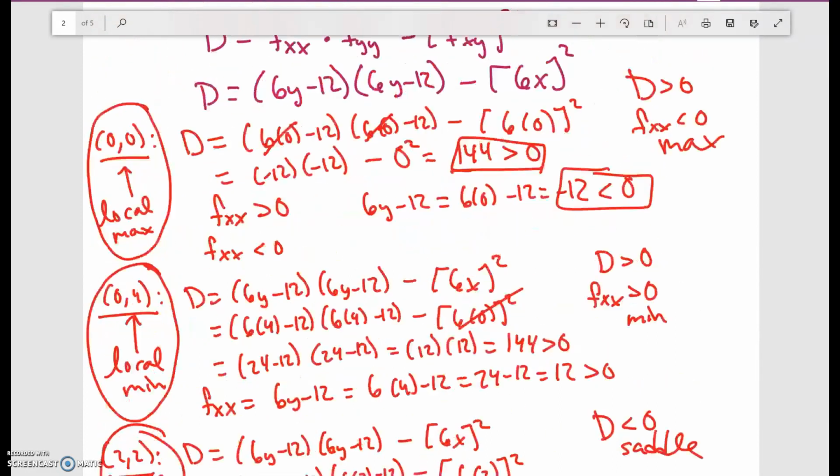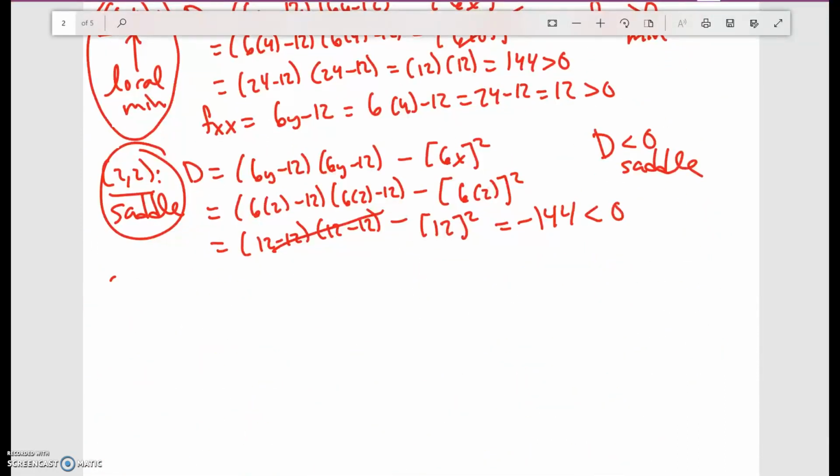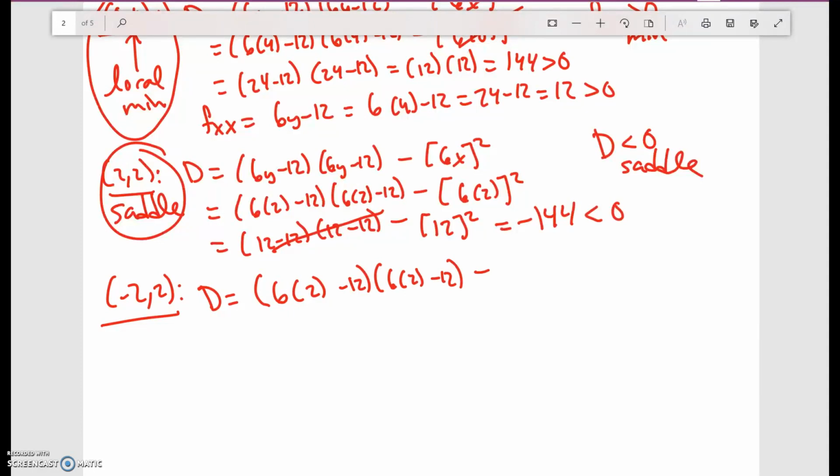Now, my last one is going to be (-2, 2). So D is equal to 6 times 2 minus 12, times 6 times 2 minus 12, minus 6 times negative 2 whole quantity squared.